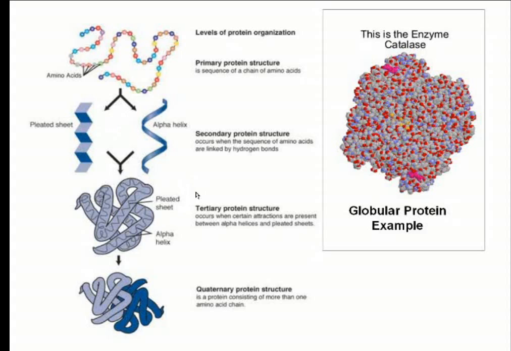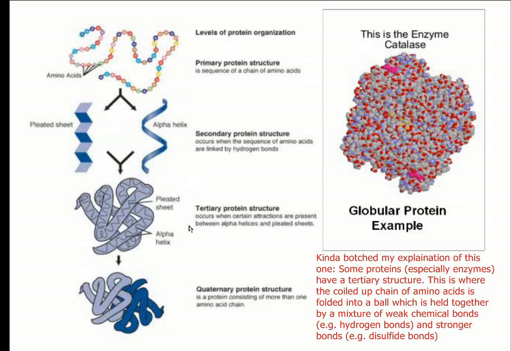Tertiary structure is where the different folds and coils within the amino acid chain are not bonded, just attracted to other folds or coils, and this can cause it to form a ball shape here.